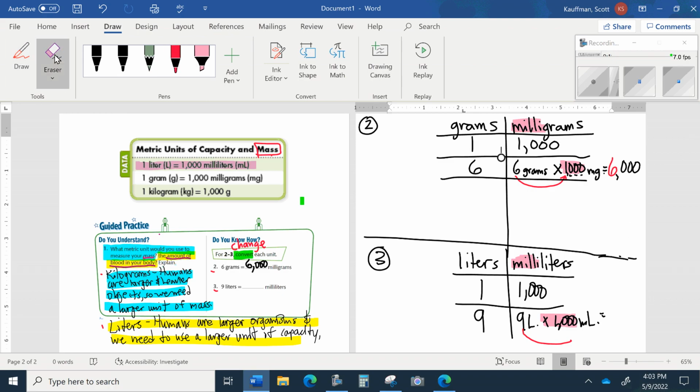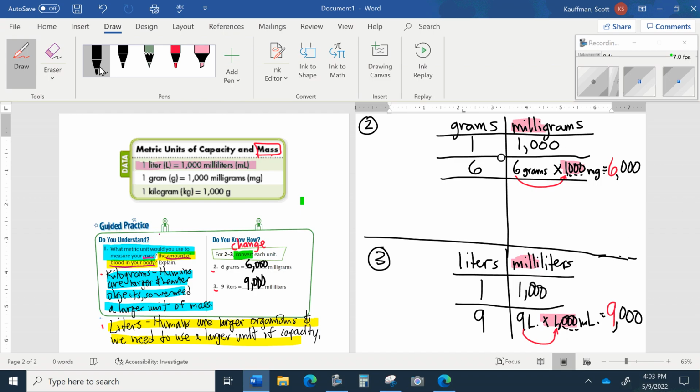Oh, Mr. Kaufman, you had a brain fart. I can multiply the basic fact, 9 times 1, which I know is 9. And I can count my zeros, 1, 2, 3. And I know that 9 liters is 9,000 milliliters.